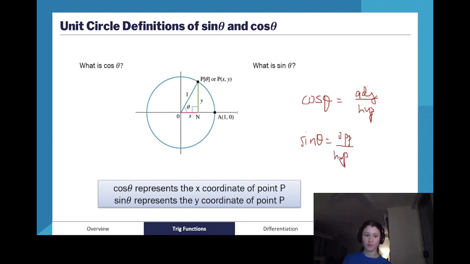The opposite of theta is this green y value, and the hypotenuse is 1. So our sine is equal to y on 1, or just y. So this is where we get these definitions from, just by using our very basic trig ratios.